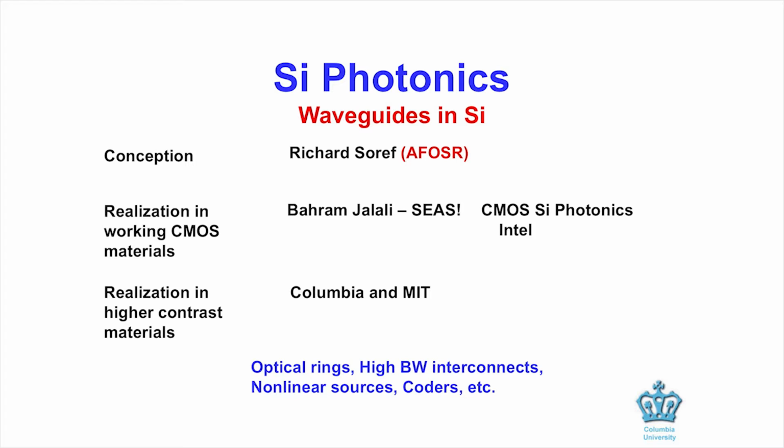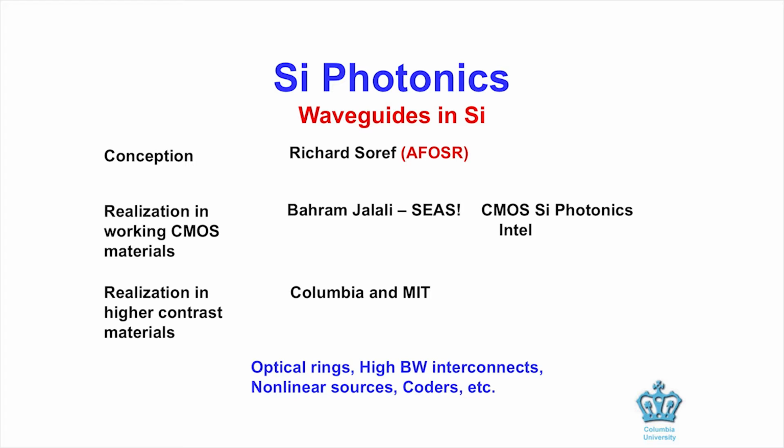Okay. Then there's a realization in higher contrast materials, and a bunch of people at MIT, including Professor Lipson, who was at MIT at the time, and others, and myself here, started to look at SOI rather, and that has very high contrast of the index of refraction of silicon on top of a layer of SiO2.